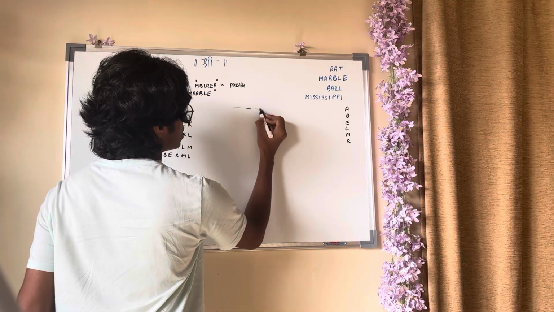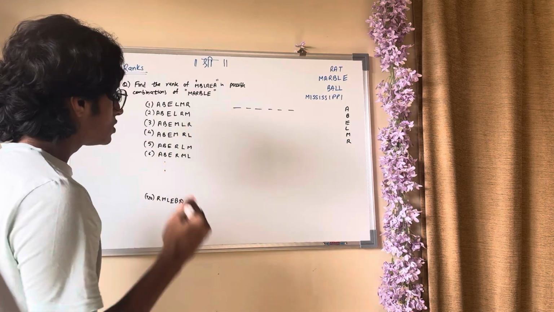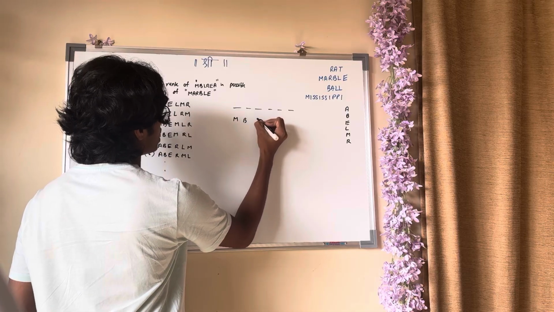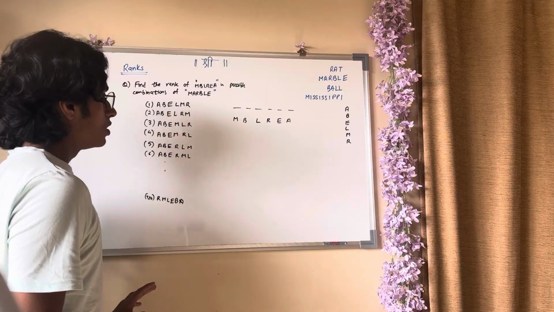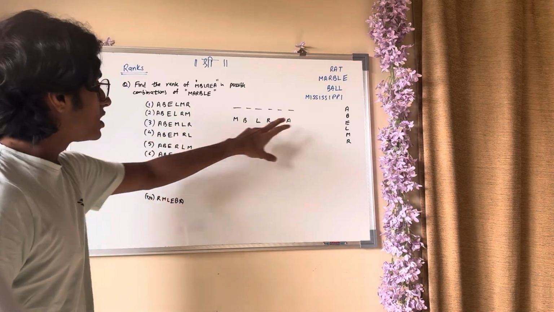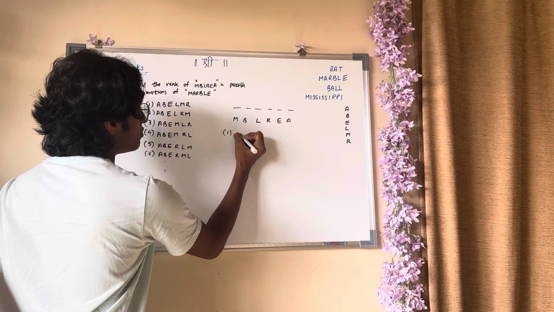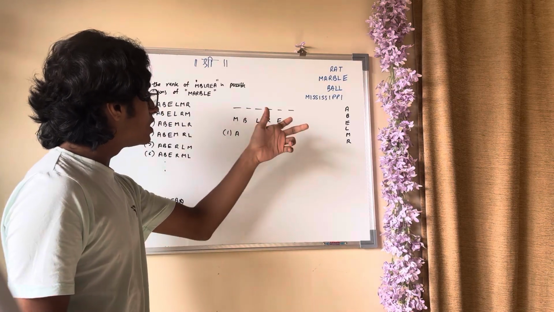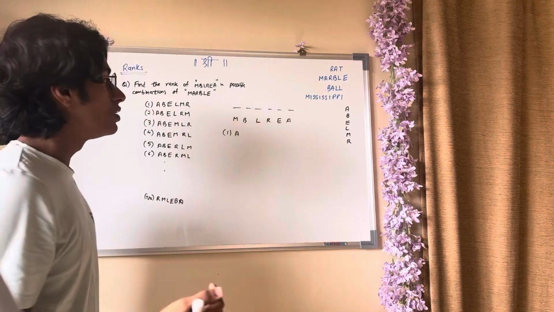Let's draw these 6 dashes which would represent the places of the letters. We have to find the rank of MBLREA. Since A comes before M, the first case would be where the first letter is A and all the other letters arrange themselves in 5 places, so 5 factorial.